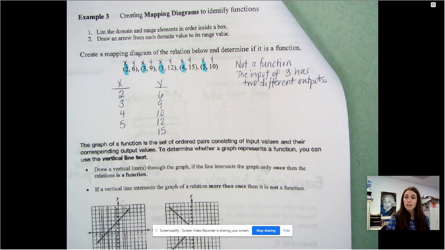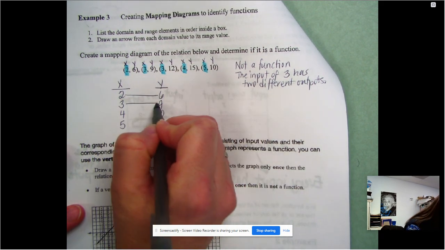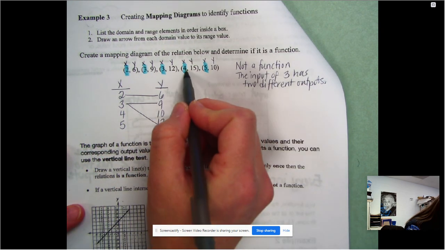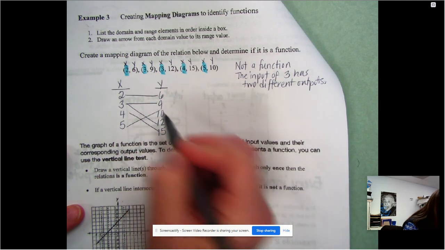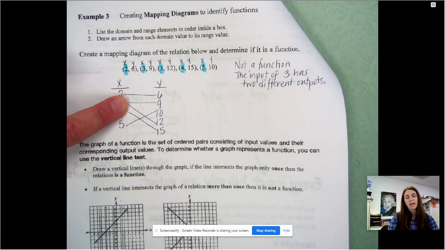So now we make lines from the input to the output that it goes with. So 2 goes with 6, 3 goes with 9, 3 also goes with 12, 4 goes with 15, and 5 goes with 10. So now checking that out, we can see that this input of 3 has 2 lines coming out of it.